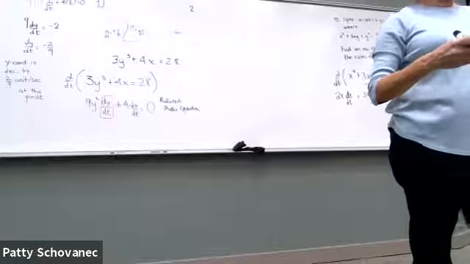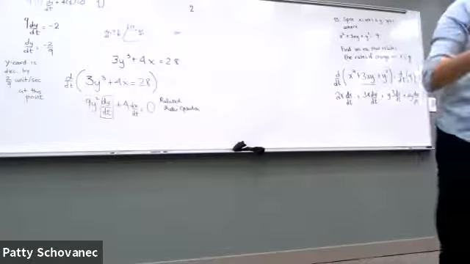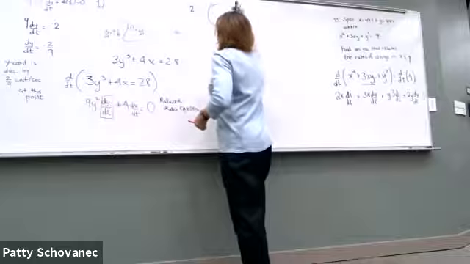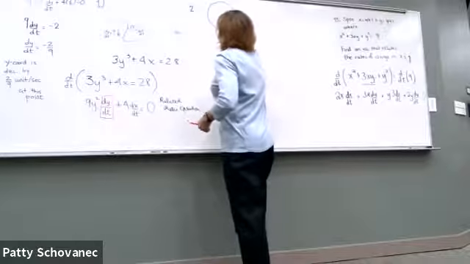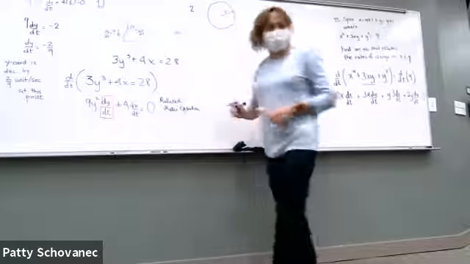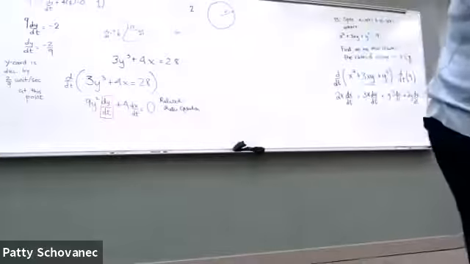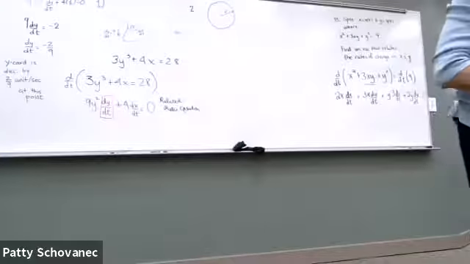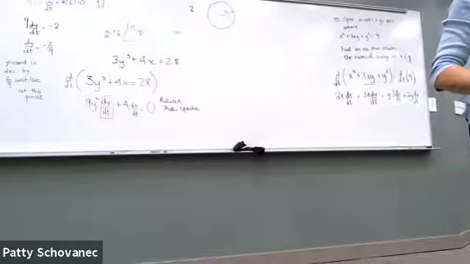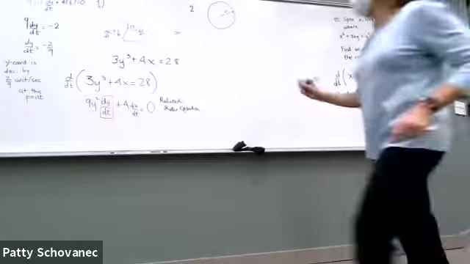So visualize a circle growing in size, staying circular shape. We've got some mention about the radius. And we're told that the radius is increasing at a rate, so that's a dr dt, of 0.3 of a kilometer per day.